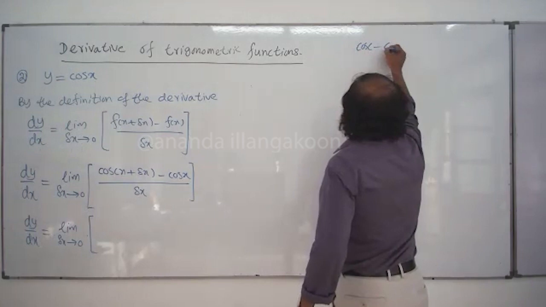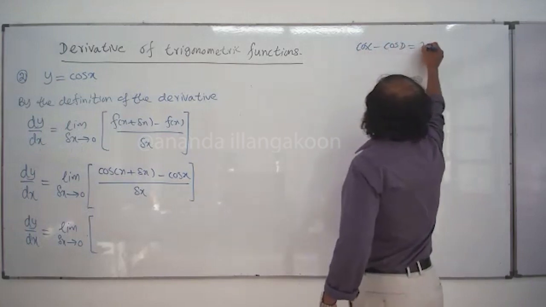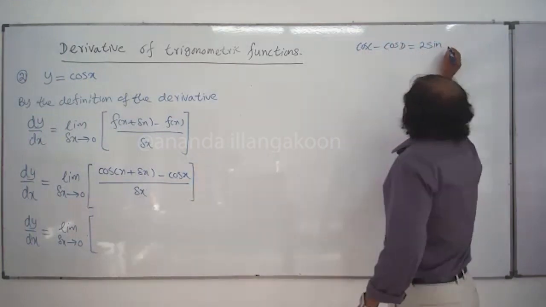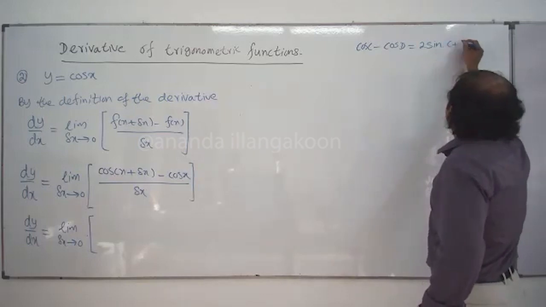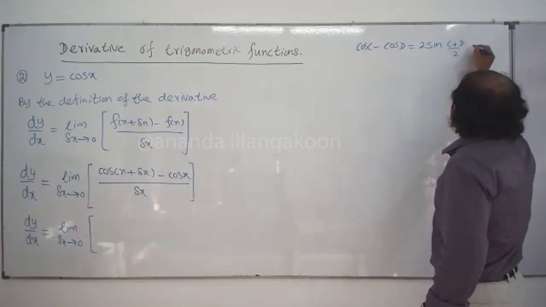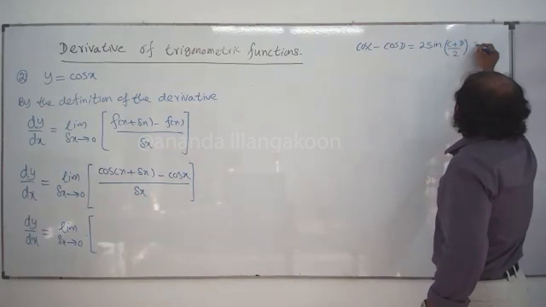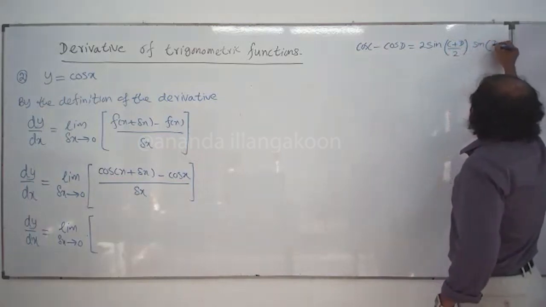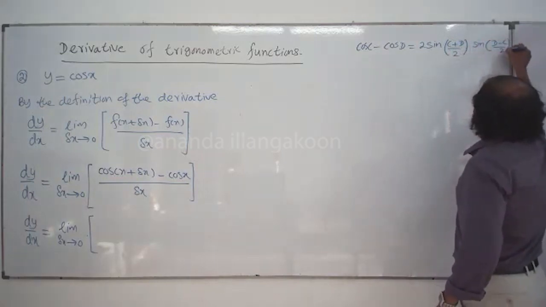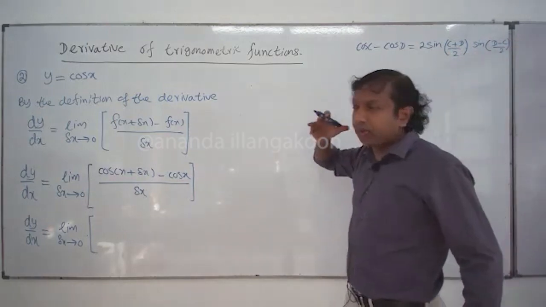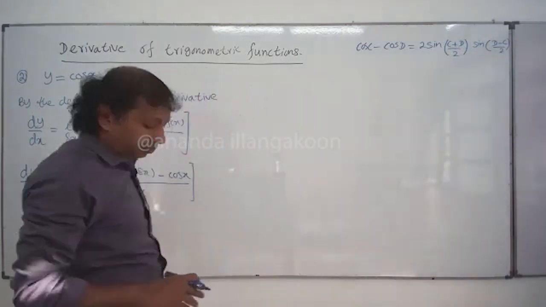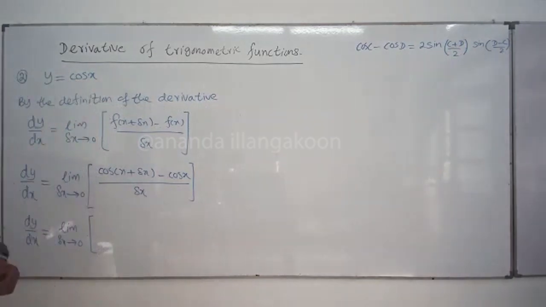Cos c minus cos d is 2 sine (c plus d) by 2, the second ratio also sine, sine (d minus c) divided by 2.